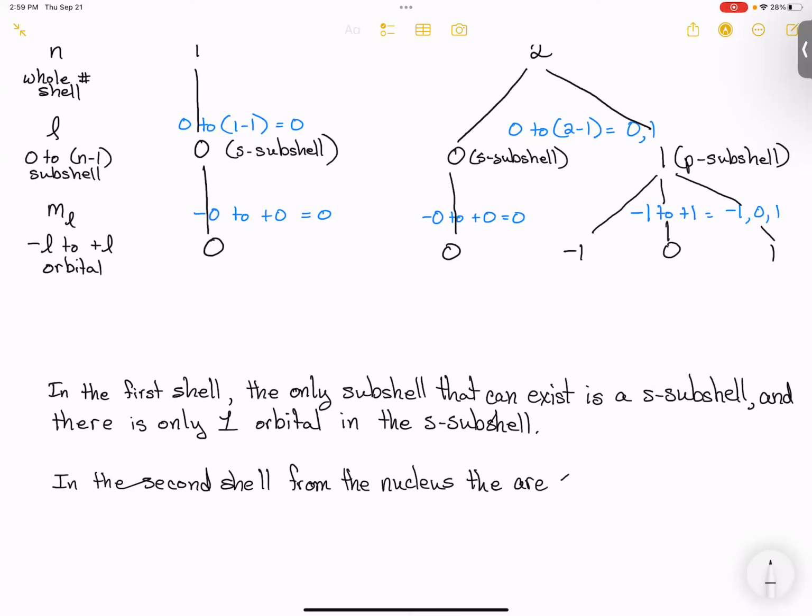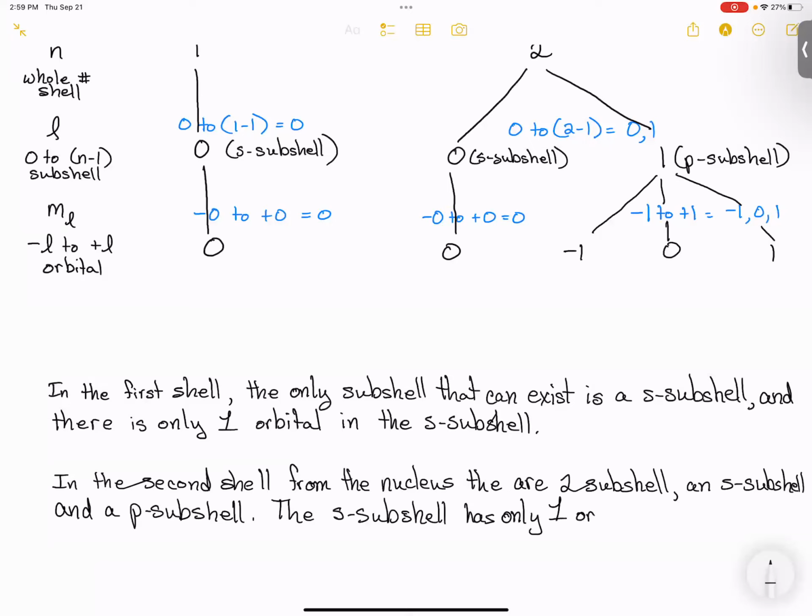An S subshell and a P subshell. The S subshell has only one orbital. The P subshell has 3 orbitals.